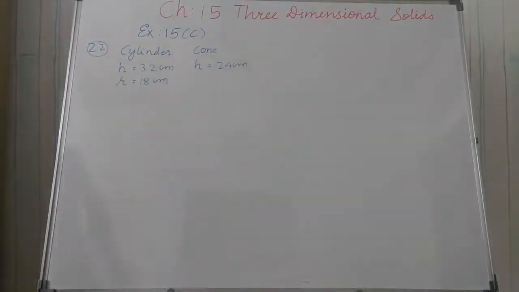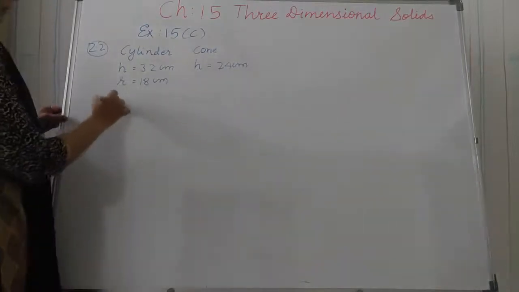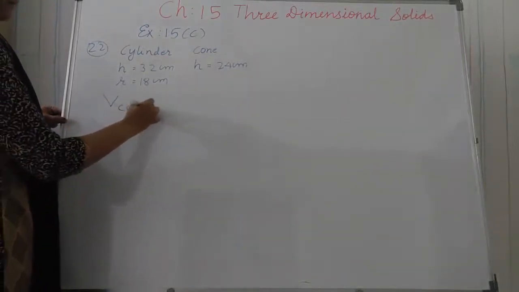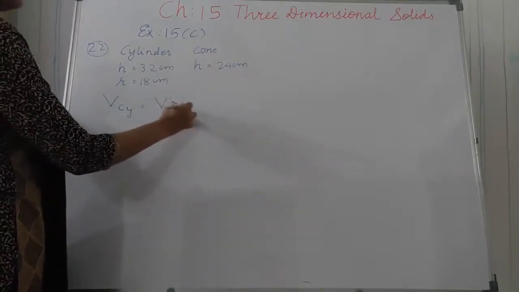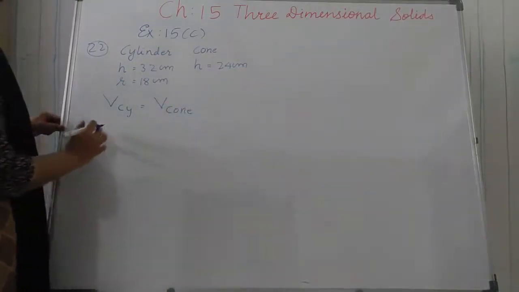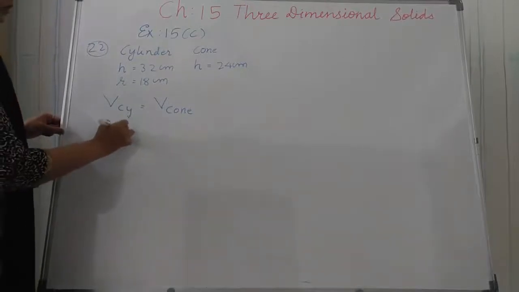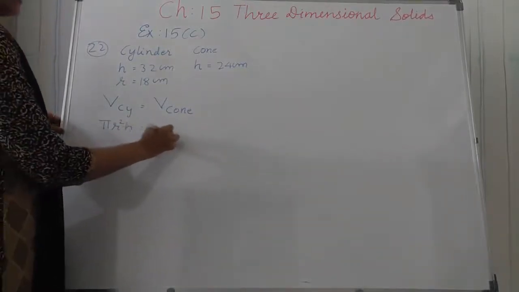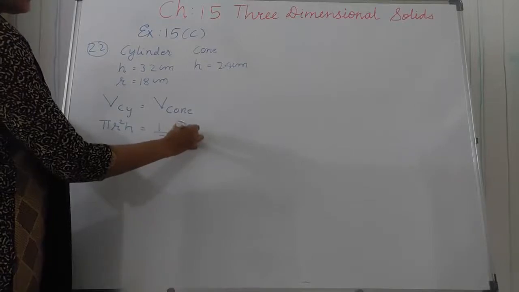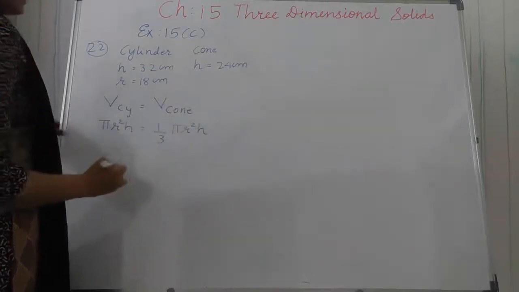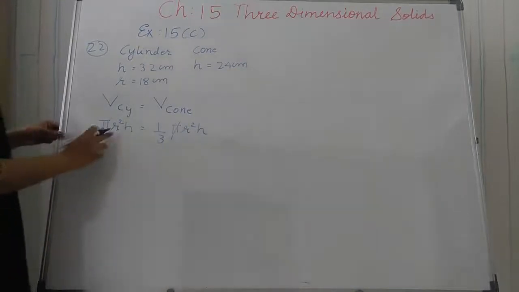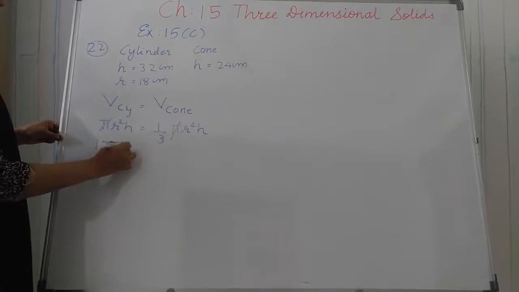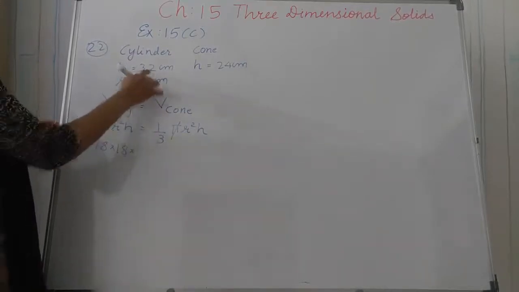So we solve it first by taking volume of cylinder. Volume of cylinder is equal to volume of cone. Now cylinder is pi r square h, we know, and cone is 1 by 3 pi r square h. Correct. So first of all, this pi get cancelled from both the side. R, radius of cylinder here 18 into 18 and height is 32.